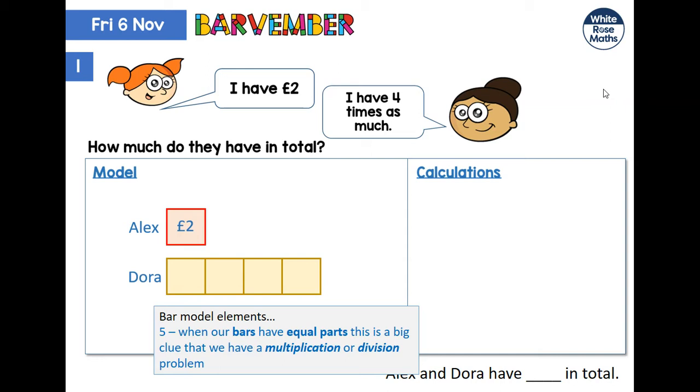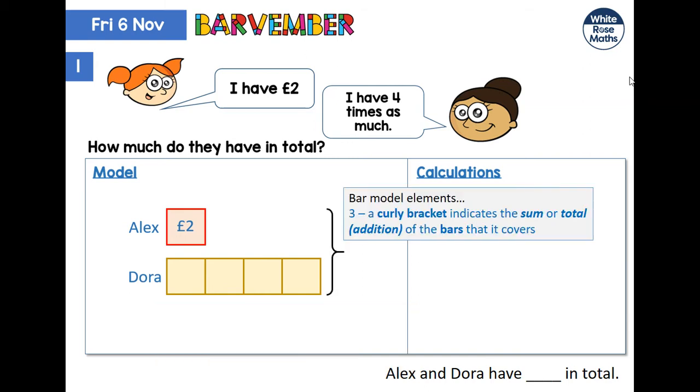So we're going to use the same size bar as we did with Alex there, and instead of one part, this bar is 4 times longer with 4 parts. And whenever we see this concept of equal parts, this is a big clue in our bar modelling that we've either got some multiplication or division to do. But our question is not to find out how much Dora gets, it's to find out how much they have in total.